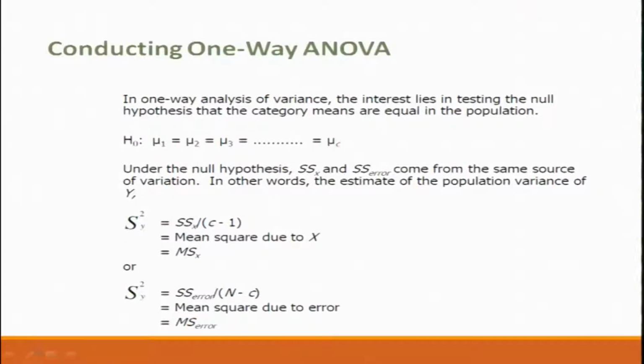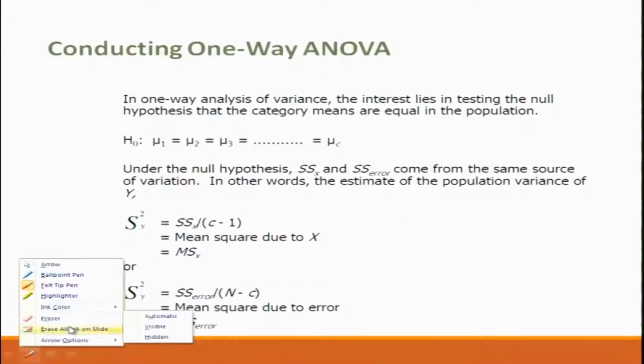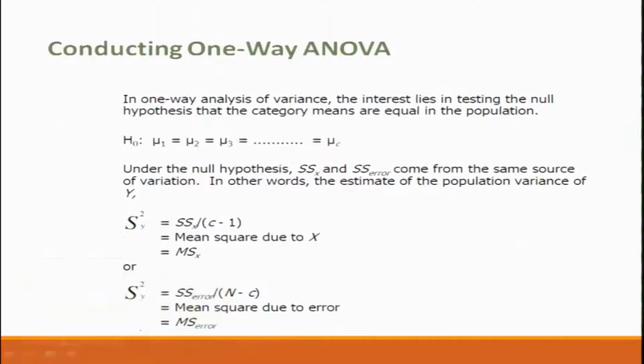So, in one way analysis of variance, the interest lies in testing the hypothesis that category means are all equal in the population, as I mentioned before. That means all category means are equal, that means they all come from the same population. So, under this null hypothesis, SS between and SS error come from the same source of variation.